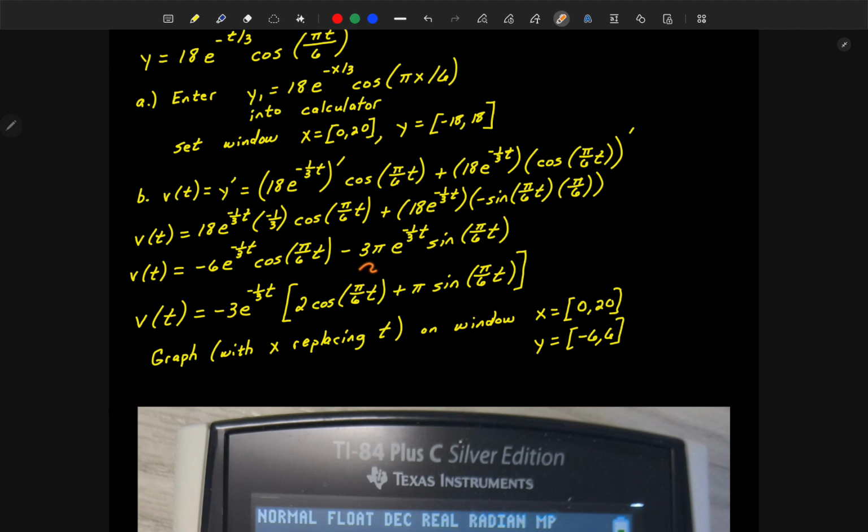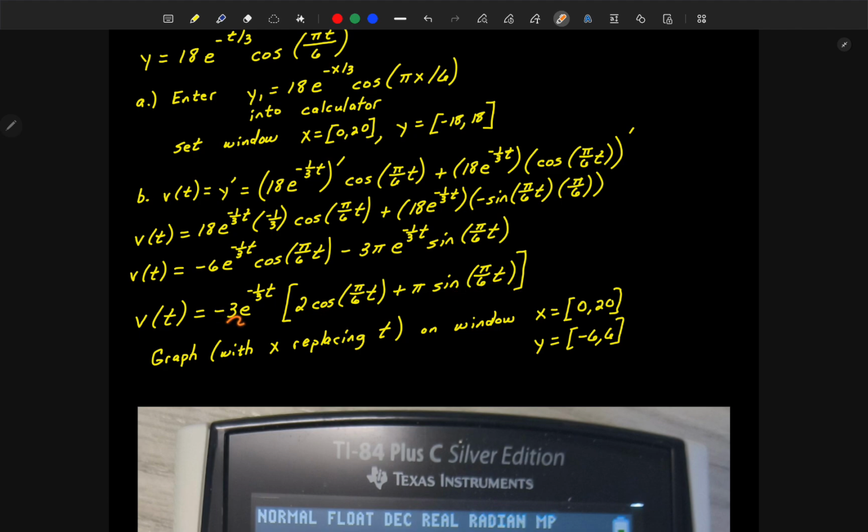I can say, well, I can pull out a common of negative 3 between those. And then, of course, the exponential function e to the negative 1/3 t is in common. So that's what I chose to pull out. When you pull that out, you'll be left with 2 cosine of pi over 6 times t plus pi times the sine of pi over 6 times t.